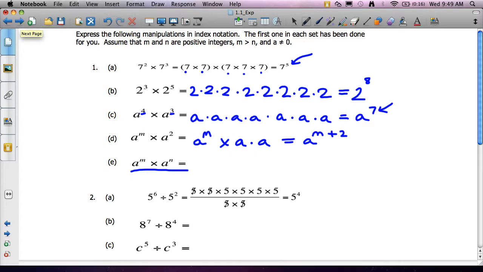So when you have a to the m times a to the n, all you really have to do is add your indices together whenever you're multiplying the same base.